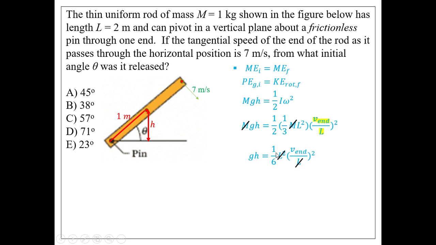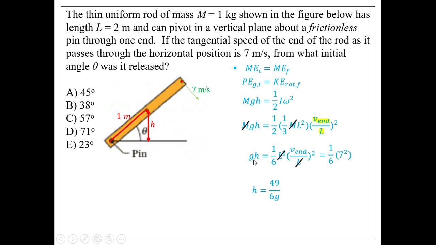So L squared and L squared cancel out, and essentially v is going to get squared. So it would be 1 over 6 times 7 to the second power, because the initial speed of the end of the rod is given as 7. I'm just going to clean it up a little bit.